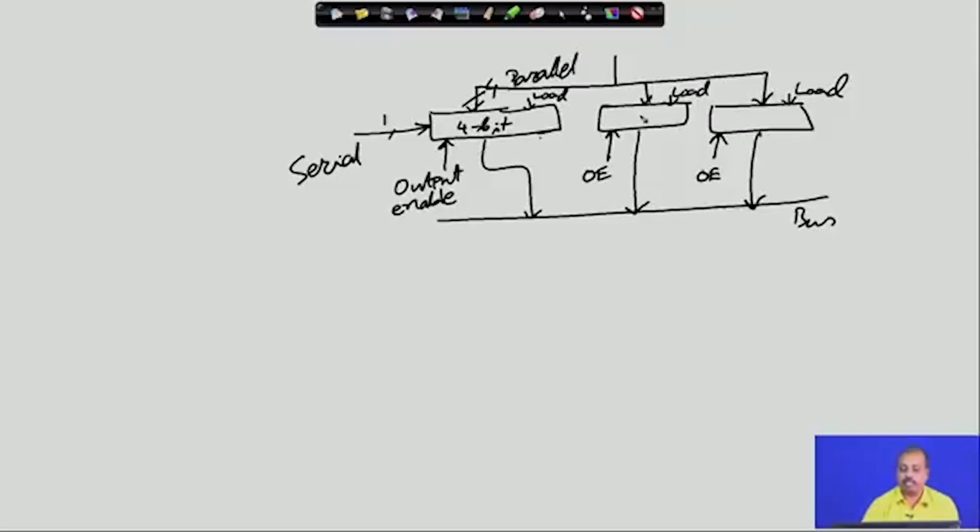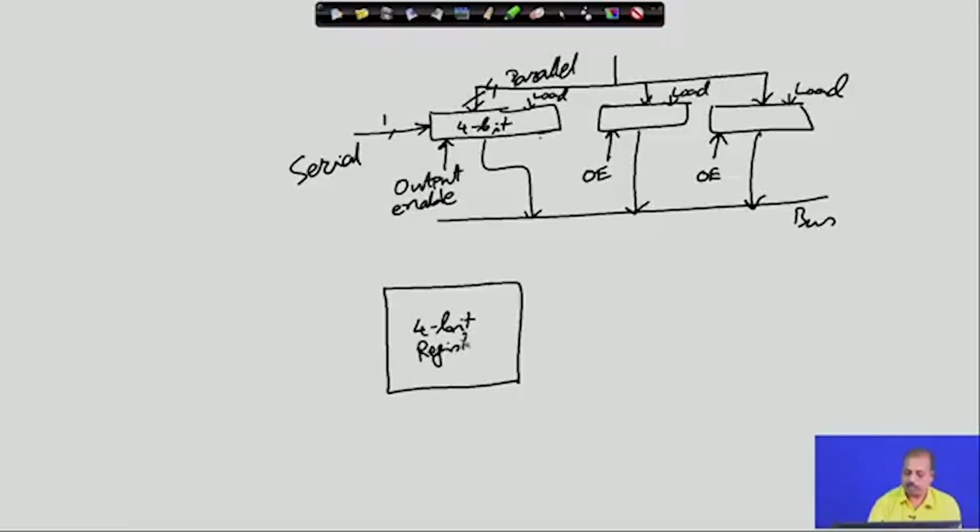So, we can very easily design such a circuit where these individual registers can have load and output enable control lines. Ultimately, I have a register that will be something like this.